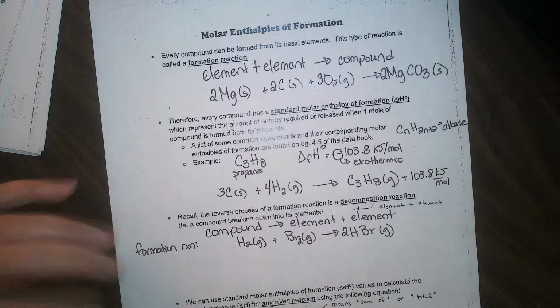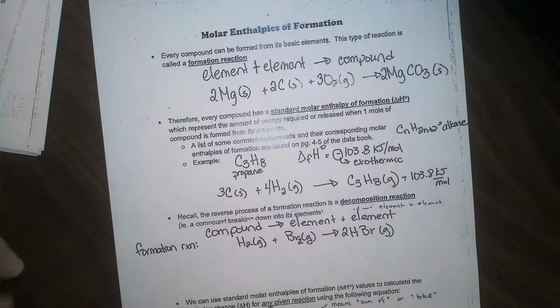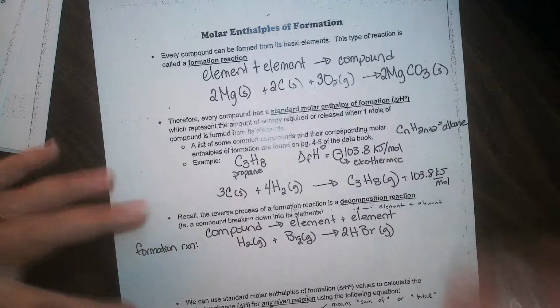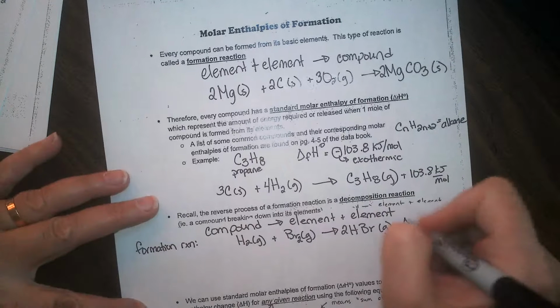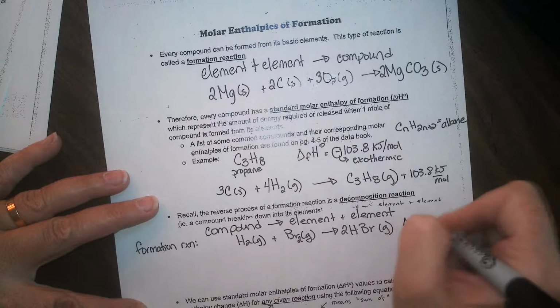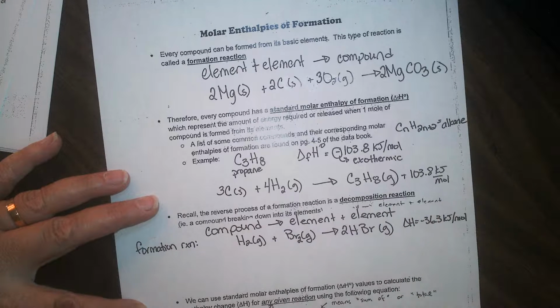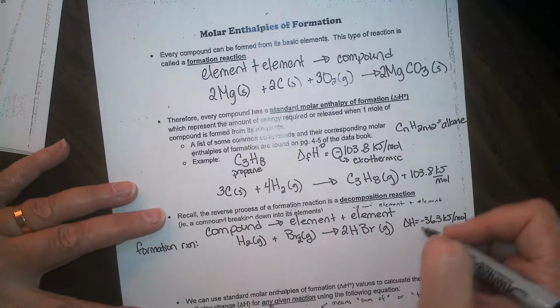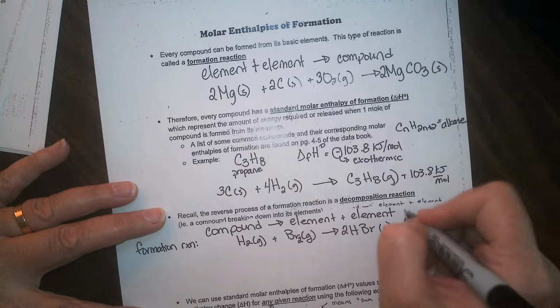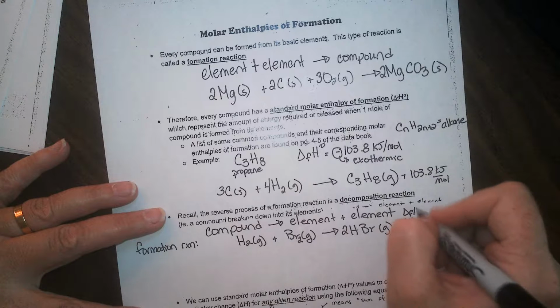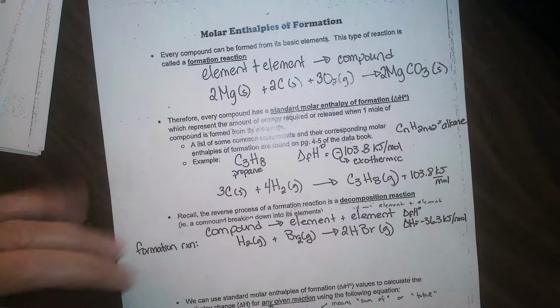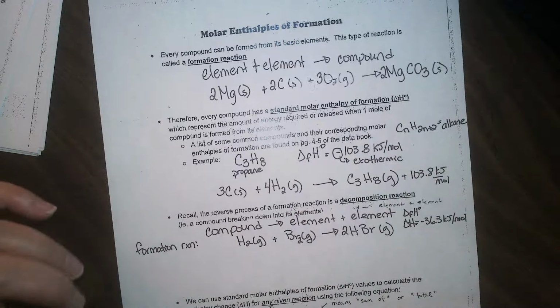Okay, let's open up our book and let's look at hydrogen bromide. Okay. Actually, that's not true. This is delta FH. It is negative 36.3 kilojoules per mole.